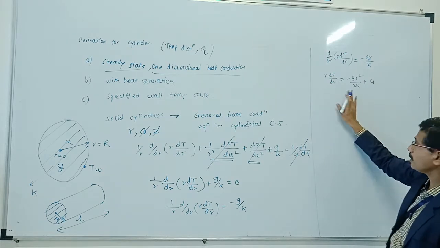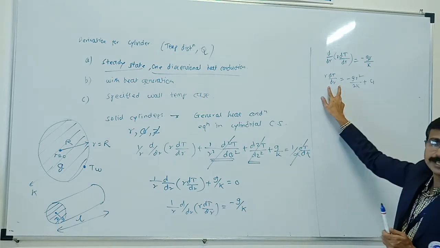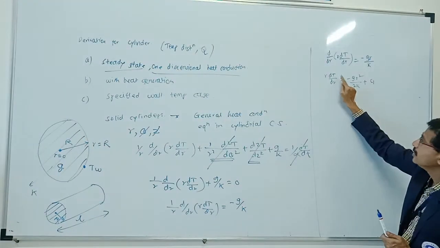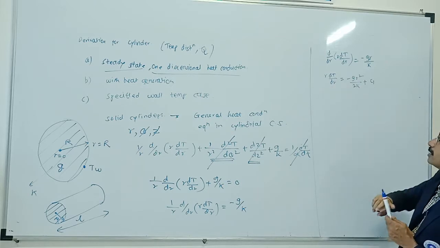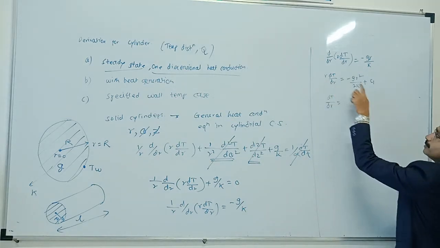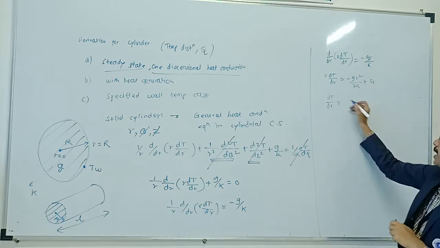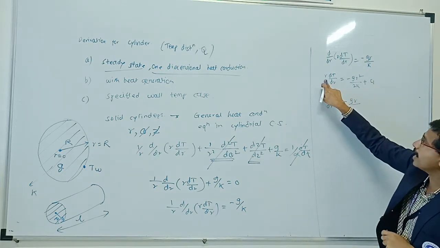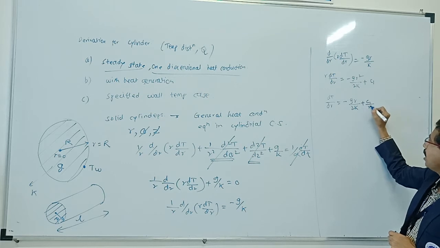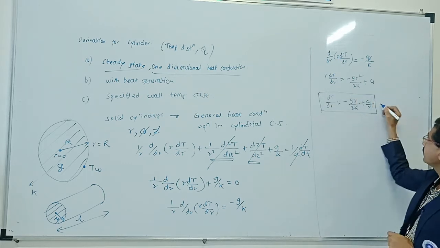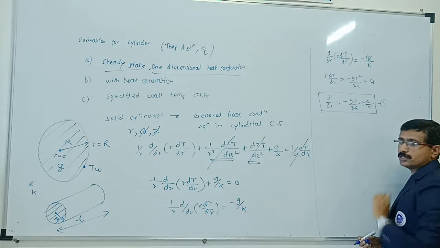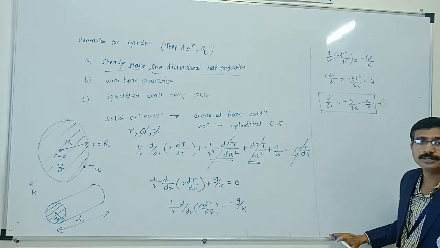Now we only have to do the second integration, because I want the temperature distribution, capital T. So for the second integration I have to shift this r to the other side, where it divides. So dT by dr is equal to minus g r square by r, one r cancels, so minus g r by twice k plus c1 by r. You must always call this dT by dr expression equation 1. We have seen in the last two derivations that we use these numbers because we have to take the reference of these equations in further parts of the derivation.